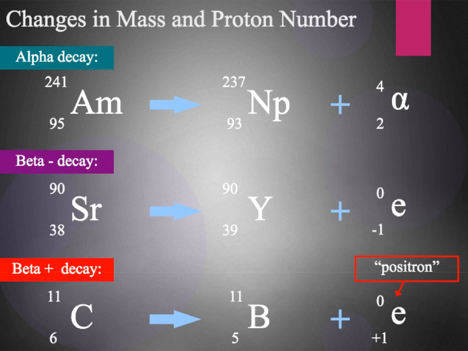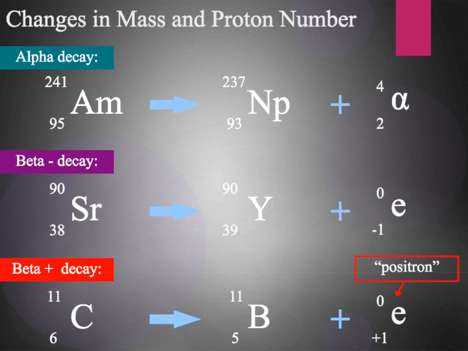However, this time a proton has become a neutron, and so the overall proton number has gone down. An easy way to work this out, we have a proton number of 5, we're adding our 1 positron, and we get our proton number of 6.